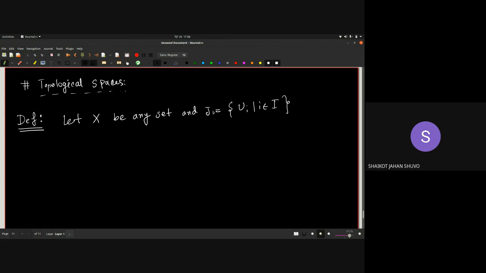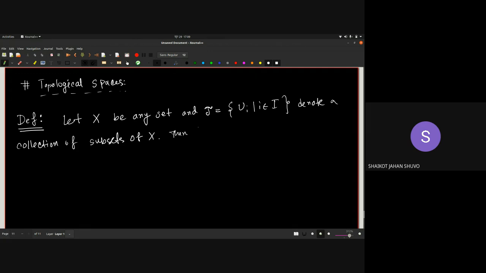You can think of this tau as a family of sets consisting of some U_i, and in fact they are a family of open sets. So this tau will denote a collection of subsets of X.